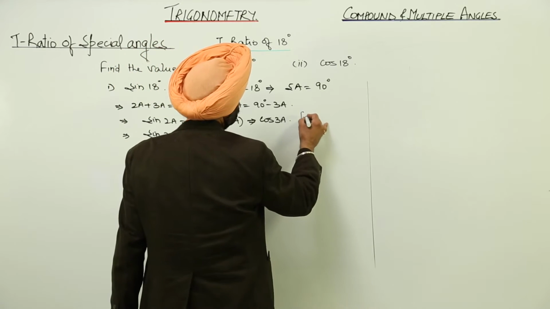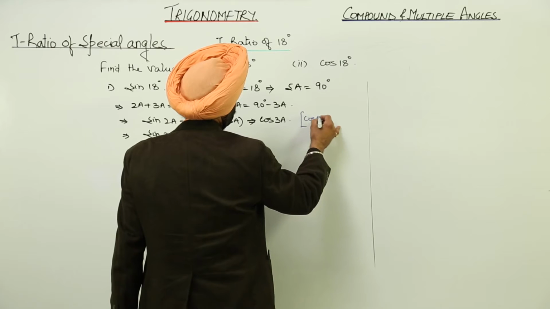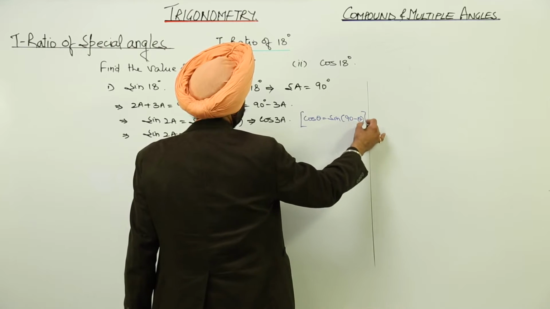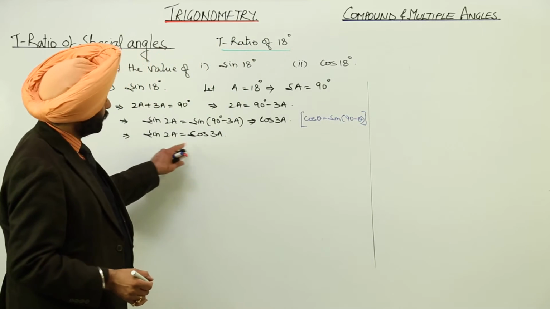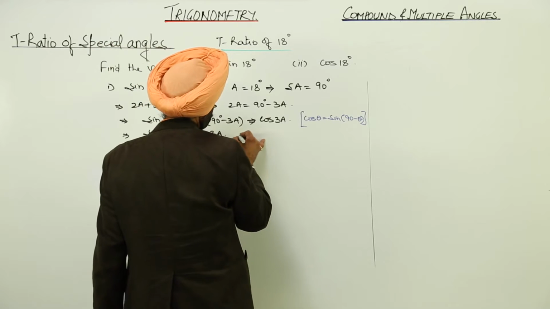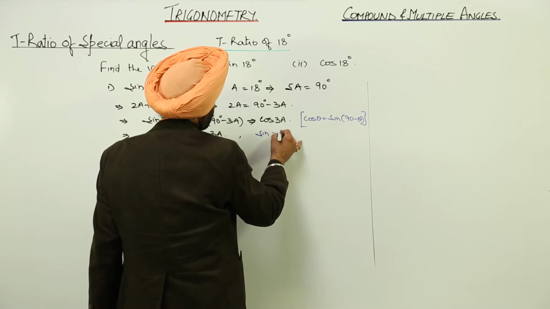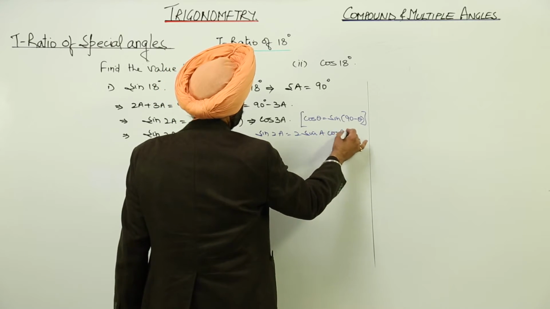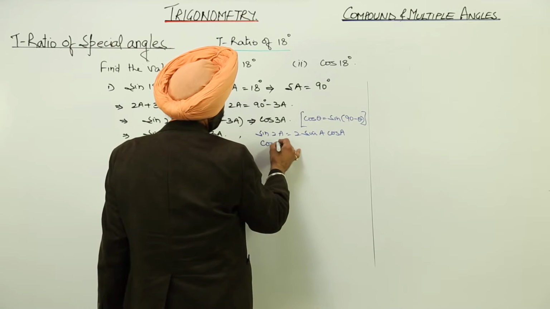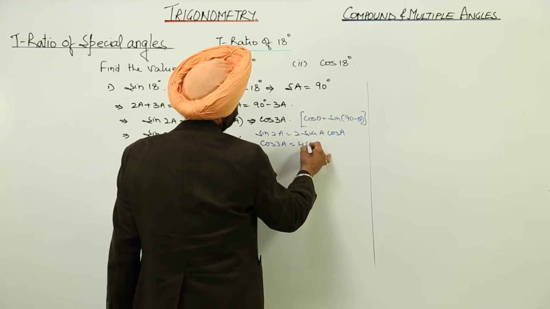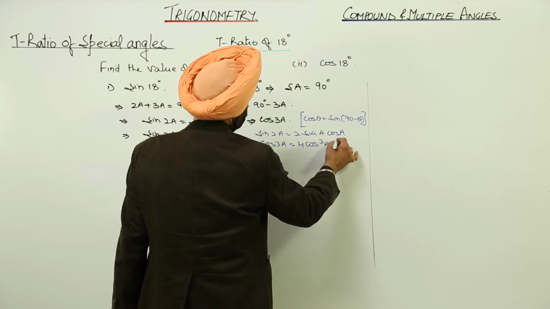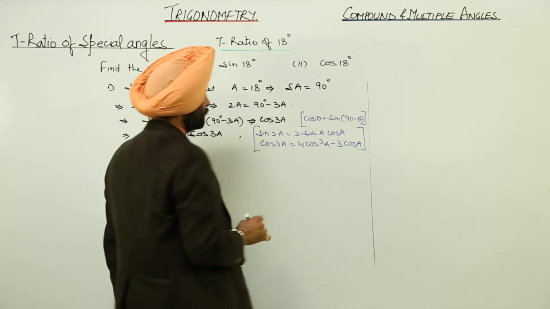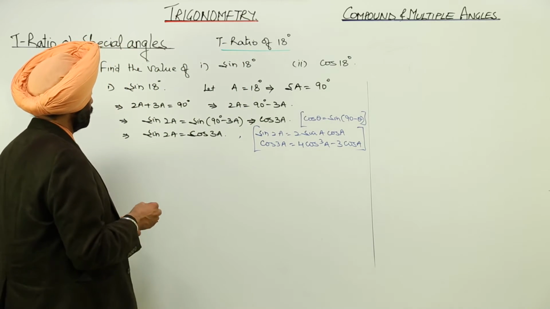Now let's use the formulas. Number 1, what we have used: cos theta is equal to sin of 90 minus theta. That is the first thing we have used. Now for sin 2A and cos 3A: sin 2A is equal to 2 sin A cos A, and cos 3A is equal to 4 cos cube A minus 3 cos A. Okay, so we are going to evaluate these values now.